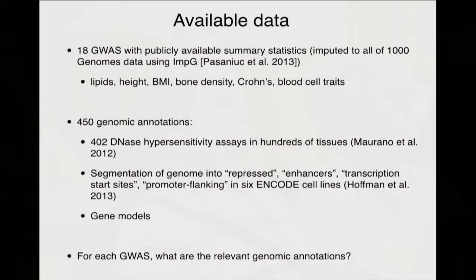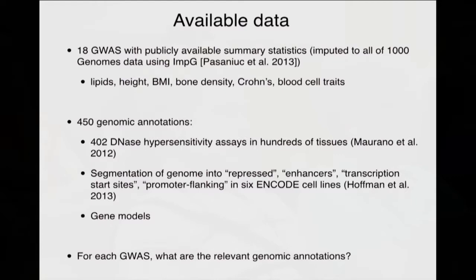And this is a bunch of association studies of lipid traits, height, BMI, bone density, Crohn's disease, red blood cell traits, and platelet traits. And then I'm going to look at 450 genomic annotations. So 400 DNase hypersensitivity assays in hundreds of tissues. And then the ENCODE project has segmented the genome into sort of repressed chromatin. This is sort of a computational analysis of chromatin marks.